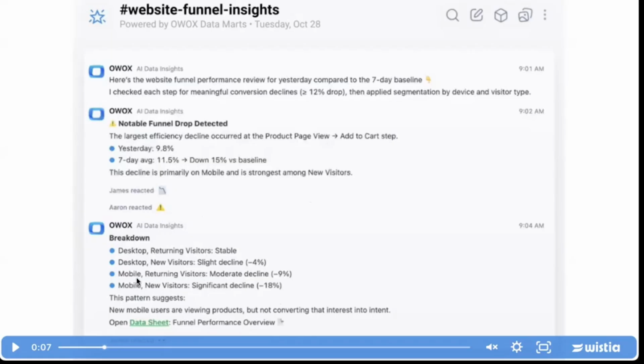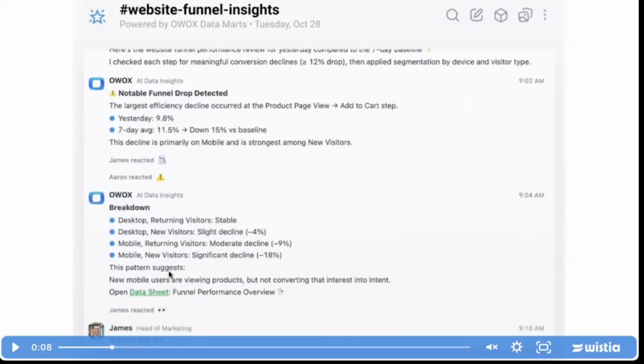So we can see here that the problem is definitely with mobile, but the new visitors' customer journey was damaged the most. It didn't affect desktop, so we can dig deeper in this case.